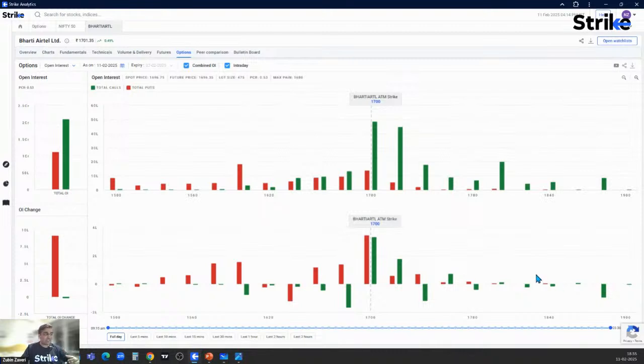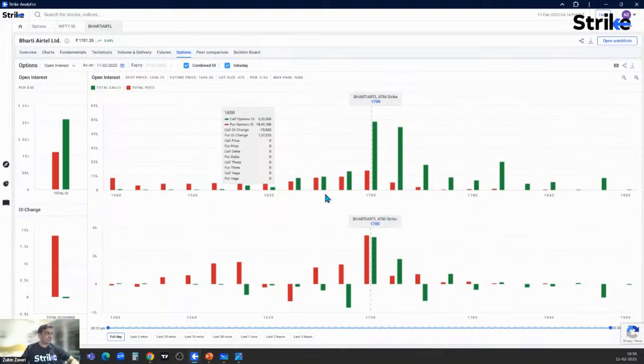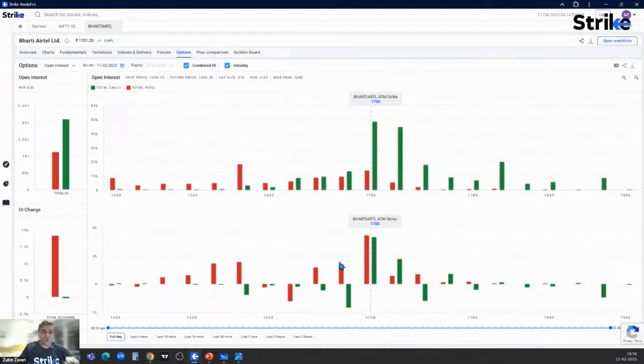So it is saying that there is a very high resistance at 1700 for Bharti Airtel. The highest put build-up is over here, 1600. The tallest red line on this chart is at 1600. So 1600 is a very strong support area for Bharti Airtel. Clear? Yes, no?